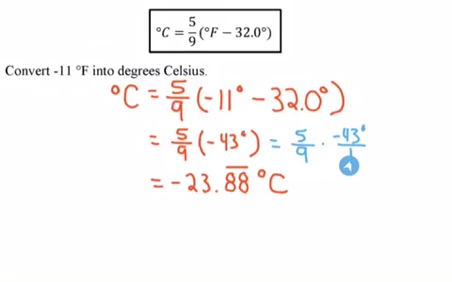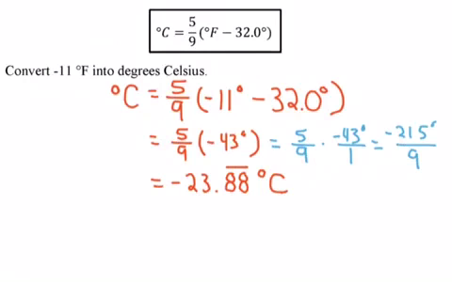Now I have two fractions that I'm multiplying together, so I can do 5 times negative 43 degrees, and that gives me negative 215 degrees divided by 9 times 1, which is 9.